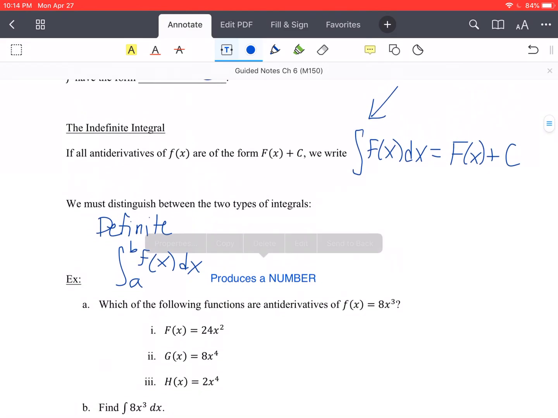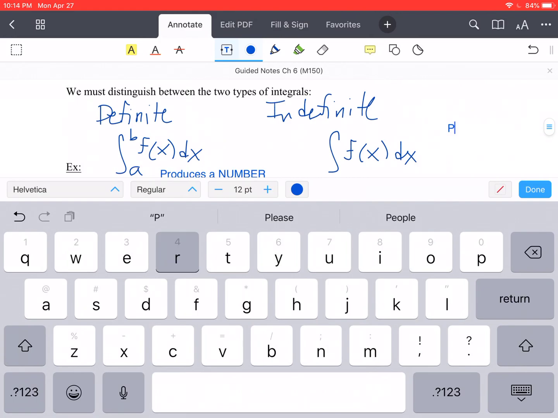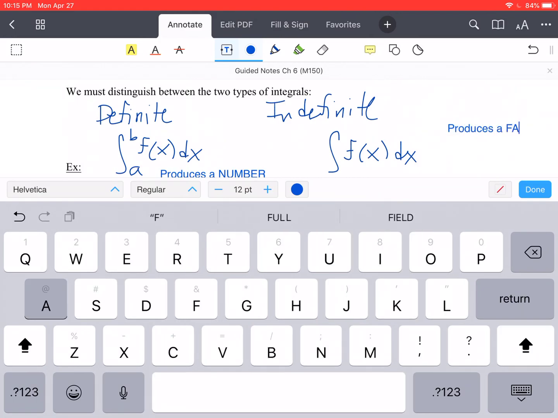That's very important. The definite integral, the integral from a to b, produces a number. The indefinite integral, which is just the integral with no bounds of f of x dx, does not produce a number. It produces a family of functions.